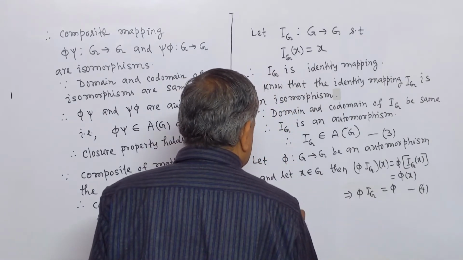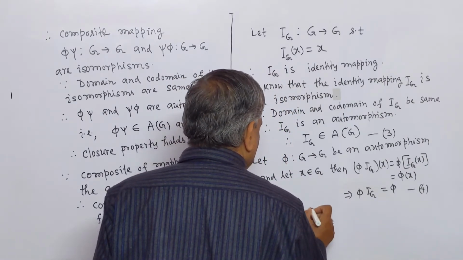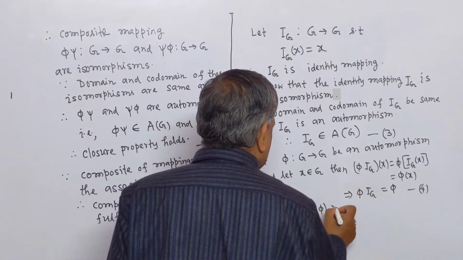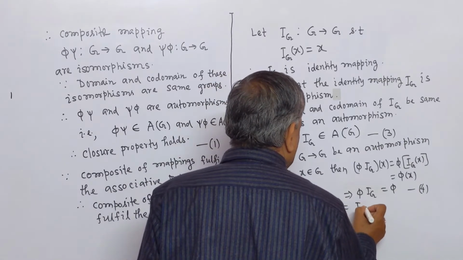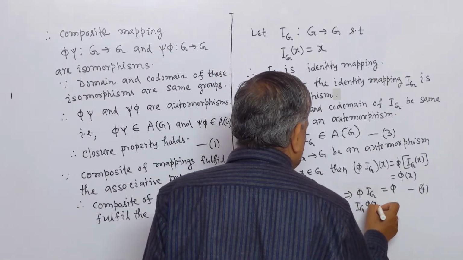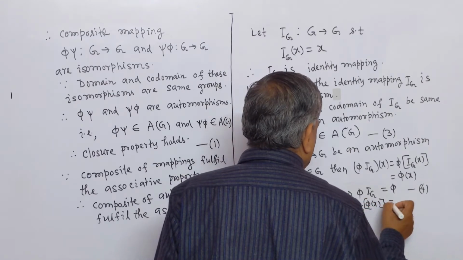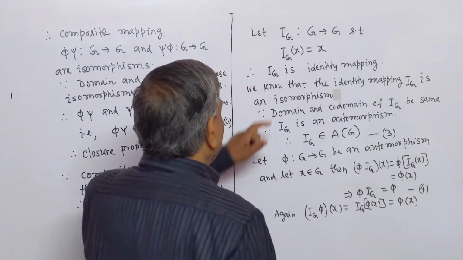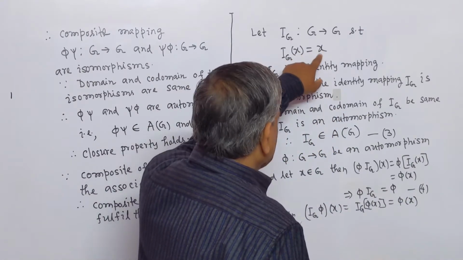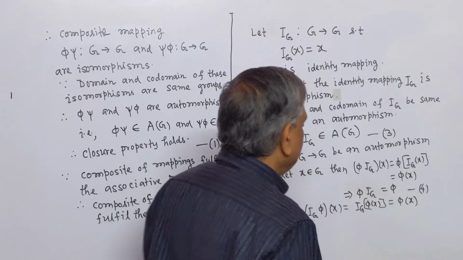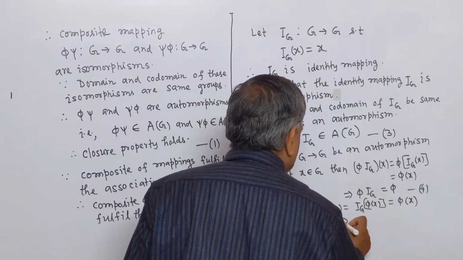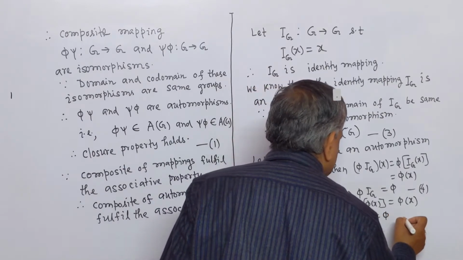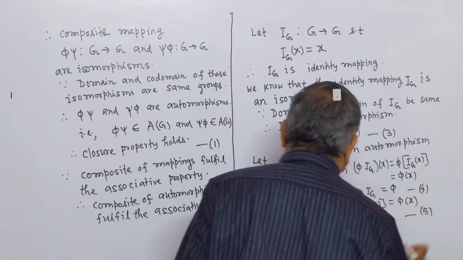Again, Ig phi x equal to Ig phi x, and this is equal to phi x. Since Ig x equal to x, therefore Ig phi x equal to phi x, implies that Ig phi equal to phi. This is number 5.